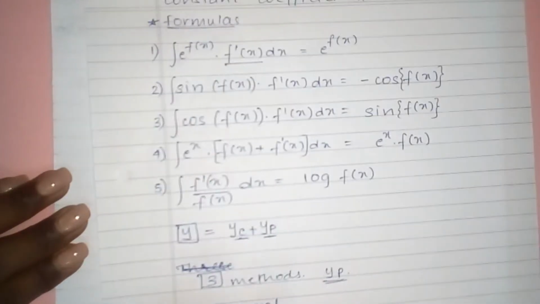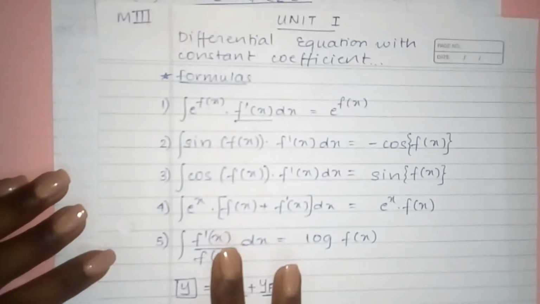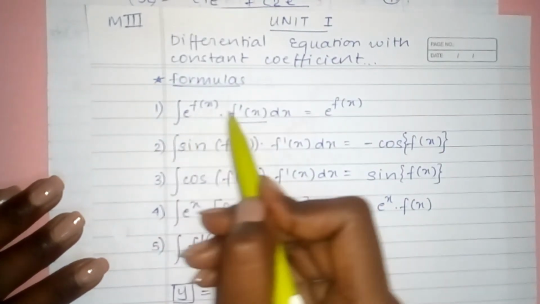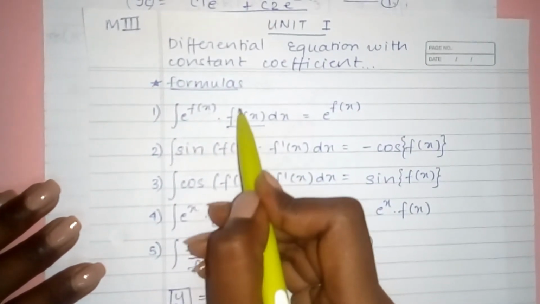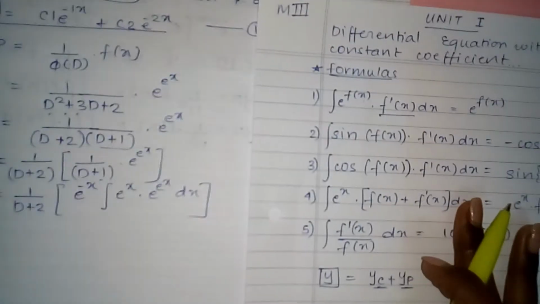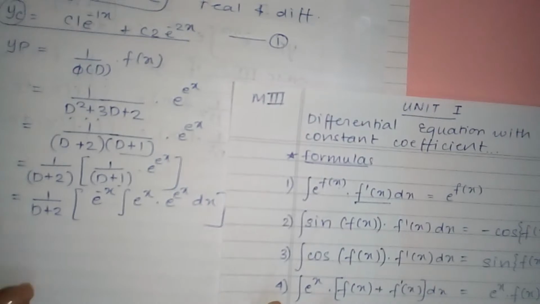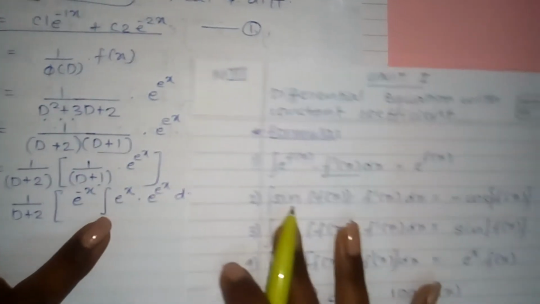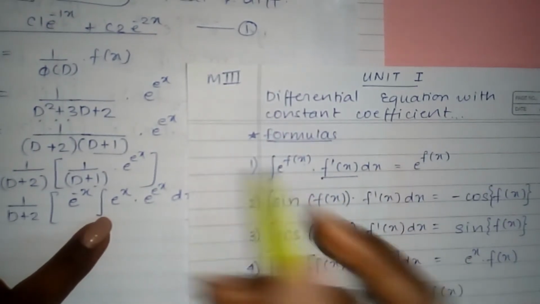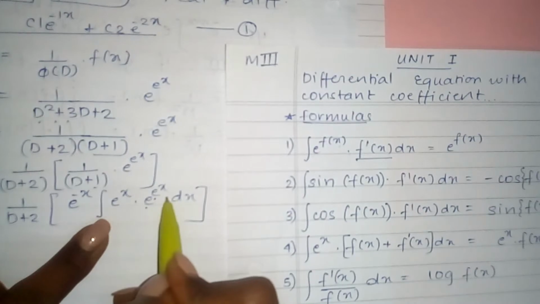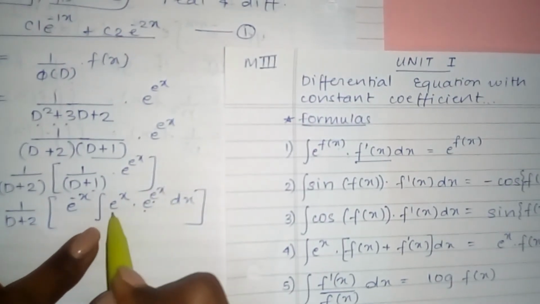Now we see this formula sheet. You can see the first formula. It is e raised to f of x into f dash of x, that is the derivative of f of x. Let's see whether this is satisfied over here, because now we have integration of e raised to x. If we take the derivative of e raised to x, the derivative of e raised to x is e raised to x.